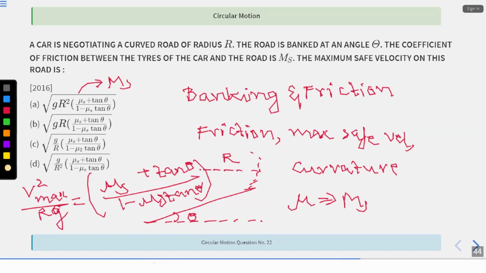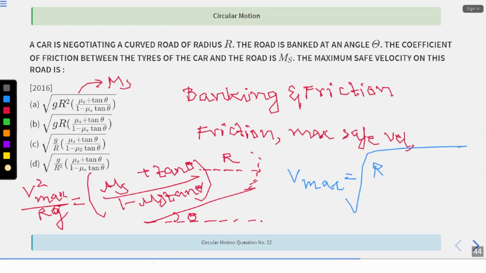So that will give us v max will be equal to root of rg times mu s plus tan theta divided by 1 minus mu s tan theta. Okay. So this will be our option B. Yes? Okay.